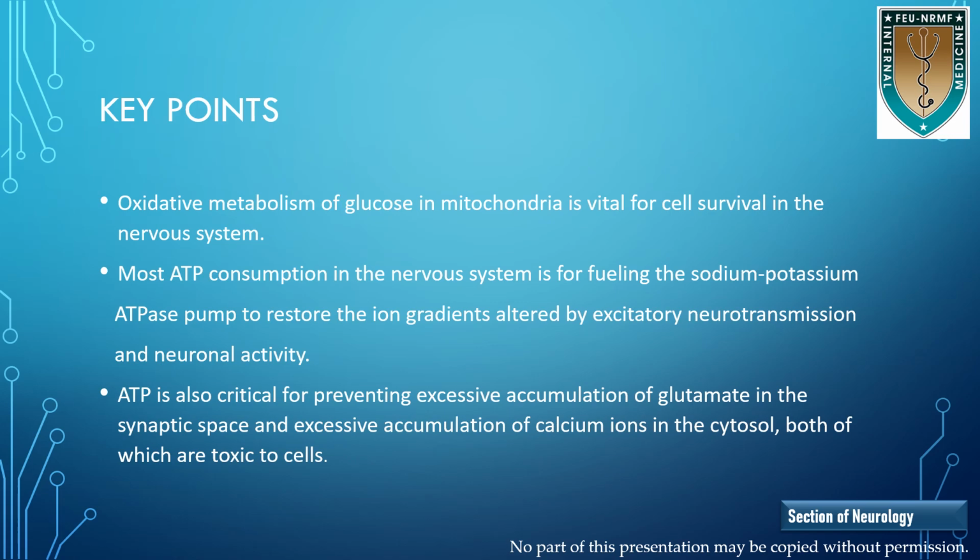And ATP is also critical for preventing excessive accumulation of glutamate in the synaptic space, as well as for preventing the excessive accumulation of calcium ions in the cytosol or the cytoplasm of the cell, both of which are toxic to the cells.